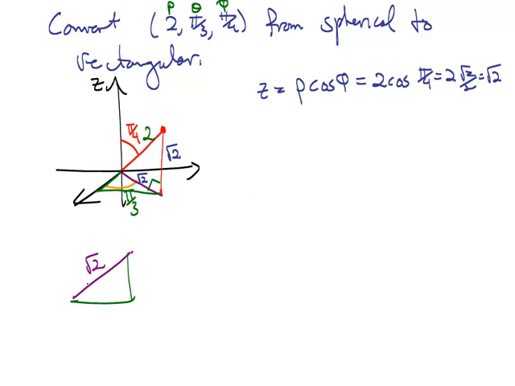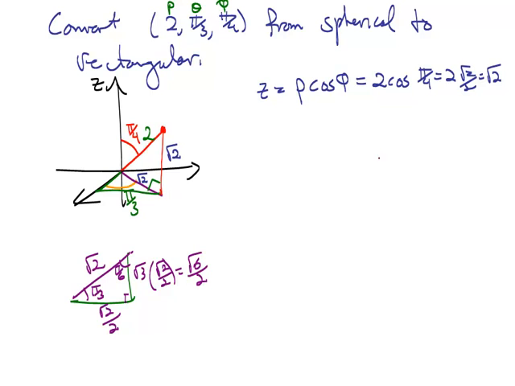So let's see, this is pi over 3. This is 90. That means this is pi over 6. And the hypotenuse is always twice the shorter side. So this is square root of 2 over 2. And then the pi over 3, the side opposite the larger angle in a 30, 60, 90, is square root of 3 times the shorter side. So that's square root of 3 times this. That's square root of 6 over 2.